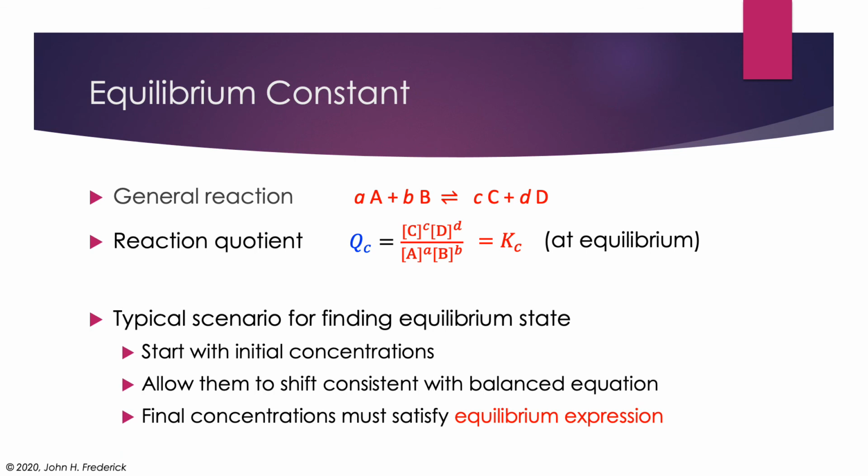The final concentrations then must satisfy the equilibrium expression, the expression written up above in red, where the equilibrium constant, which is a constant number, is equal to that function of the various concentrations of the species that are in the reaction. So every time we get to an equilibrium state, that equation is satisfied. So that equation is what we're going to be using to solve for an equilibrium condition in a reaction.